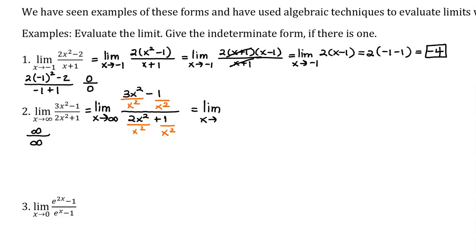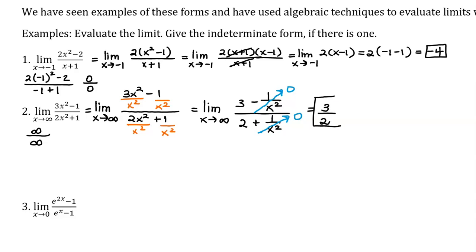Now some things cancel out, leaving us with 3 minus 1 over x squared in the numerator, divided by 2 plus 1 over x squared in the denominator. Now, if we apply the limit to what we're left with, the terms that have x squared in the denominator are going to go off to 0. We've seen that before, leaving us with simply 3 over 2.